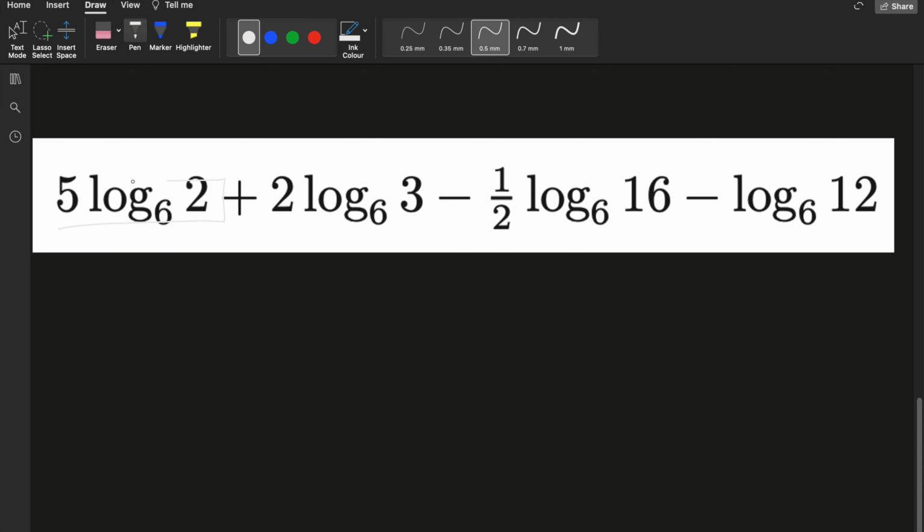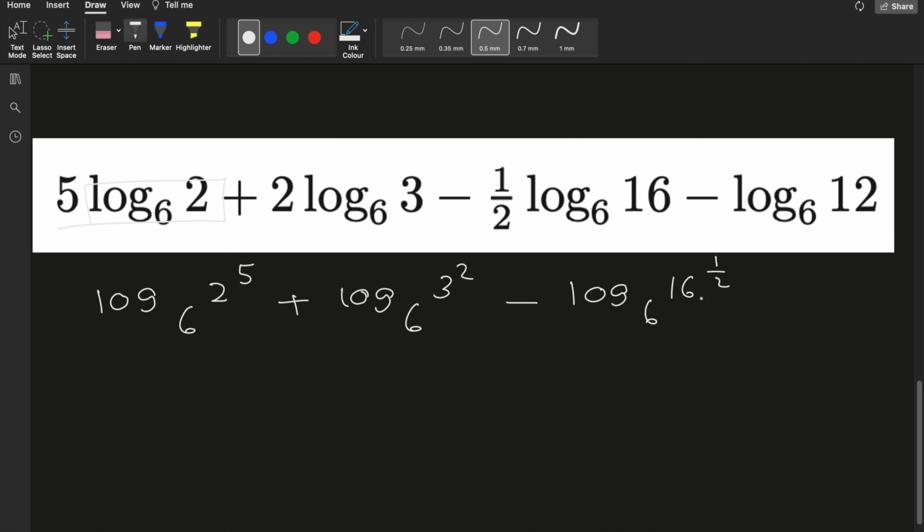Okay, so we'll work on it step by step. Let's take this first. So this would be log base 6 of 2 to the power of 5. Right now we'll just leave it as that, and then the next one would be log 3 squared base 6 minus log 16 to the power of 1 by 2 base 6.